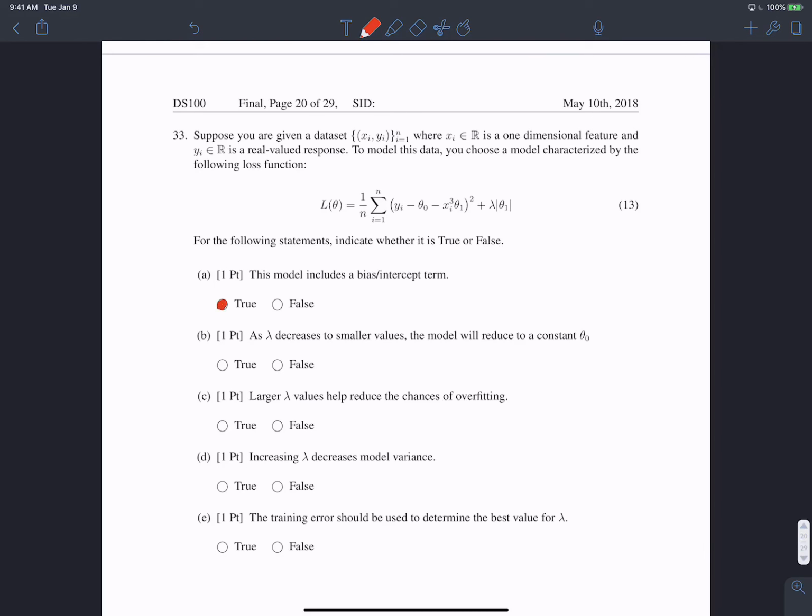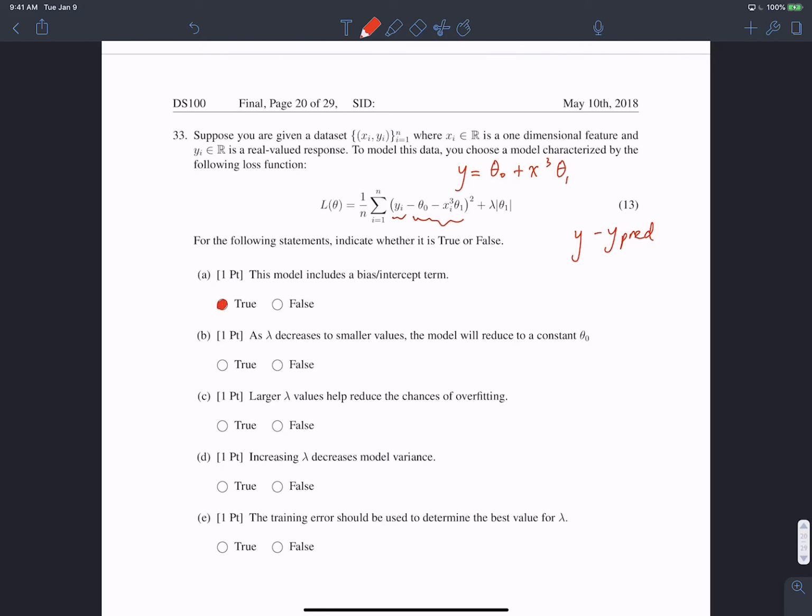And the reason for that is because you know the loss function is probably going to look like y minus y predicted, right? And so here, yi is the true y value, and the predicted y value seems like it's this quantity. So it seems like our model is y is equal to theta naught plus xi cubed theta 1. Okay?